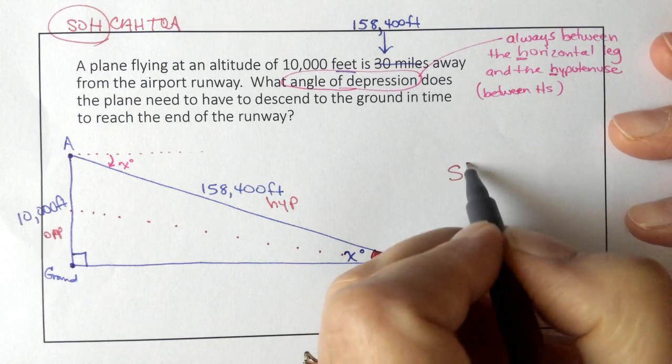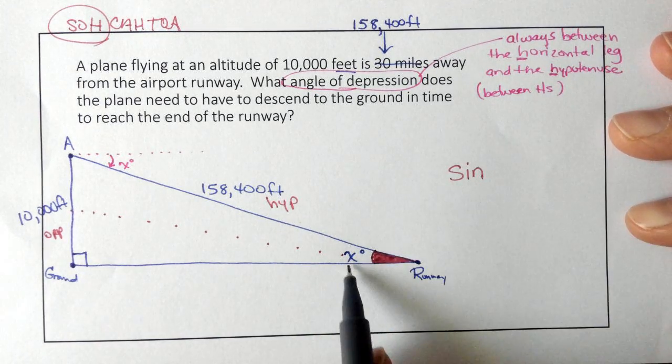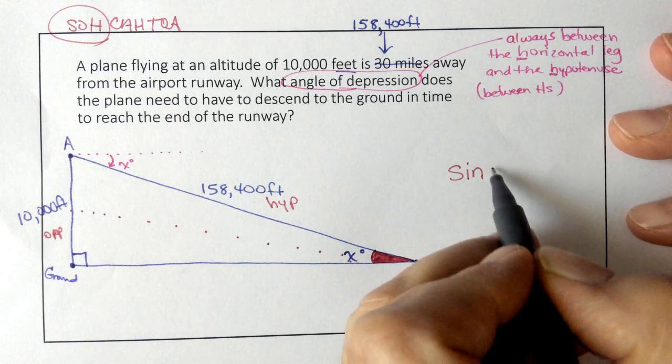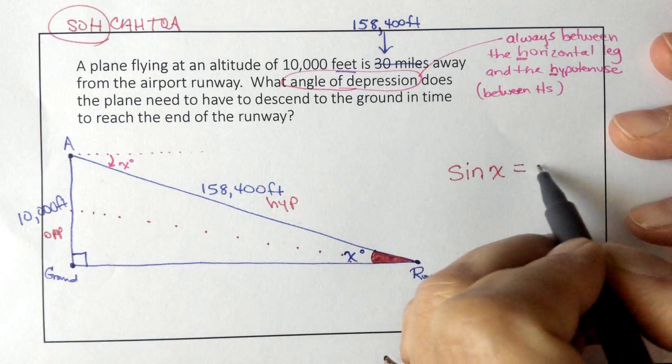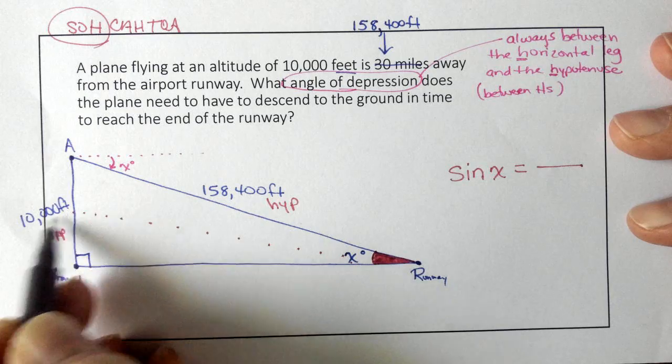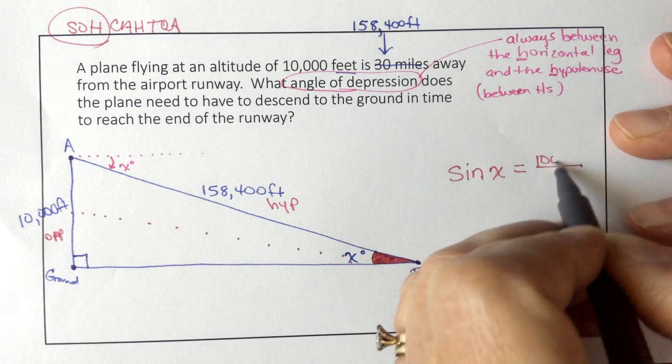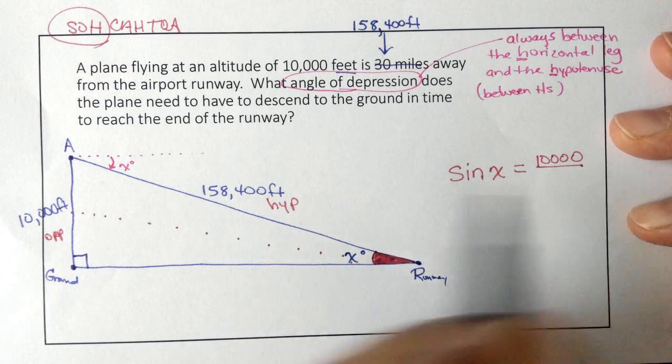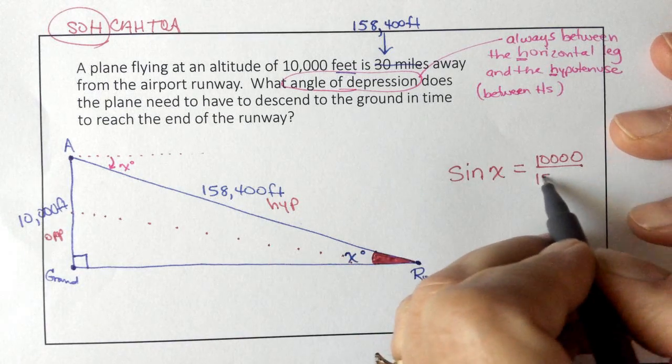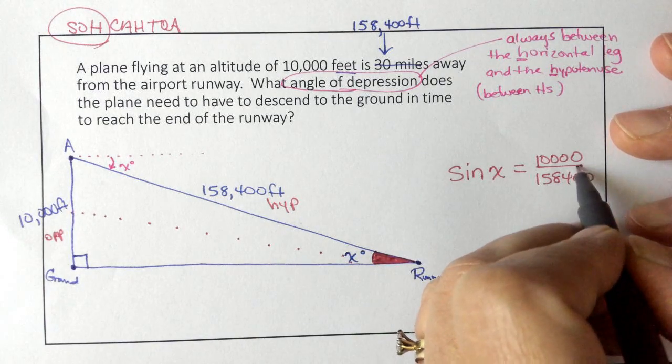Okay, so sine of the angle, that's what we're looking for, that's x, equals opposite, that's 10,000, over hypotenuse, that's the 158,400.